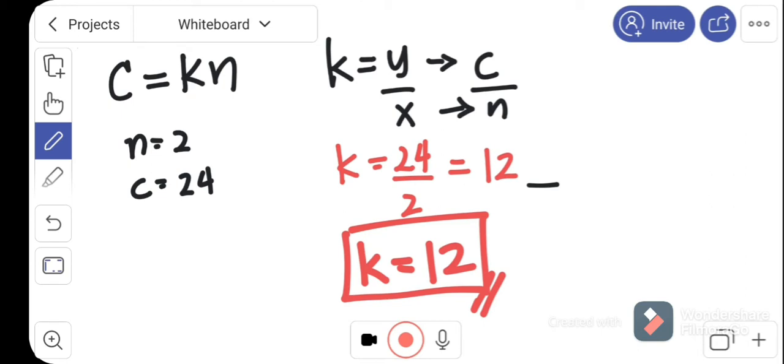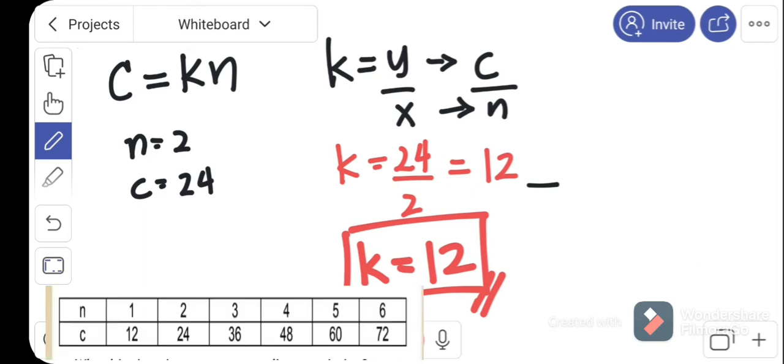Let's try 36 divided by 3. It's also 12. 48 divided by 4 is also 12. This 12 is the constant of variation of the given table of values. Now, let's have the equation.